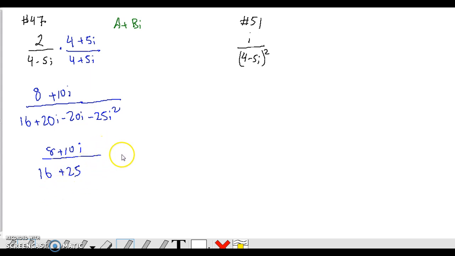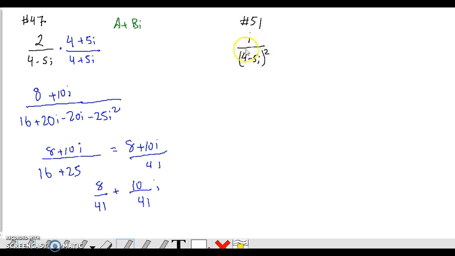So we will get 8 plus 10i over 41. Now technically, if we want to write it in this form, this is how your book would want you to write it, so that we can know exactly what our a value is and what our b value is. We can also go to the point of not putting that i next to the 10 and putting it off to the side. I would accept either answer.